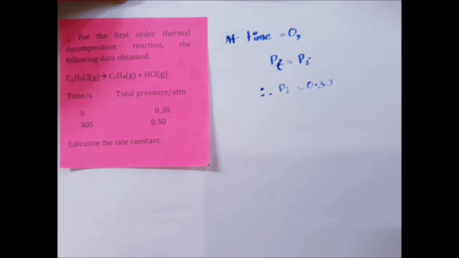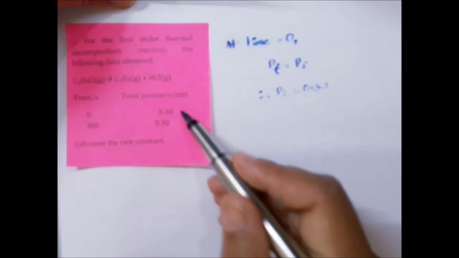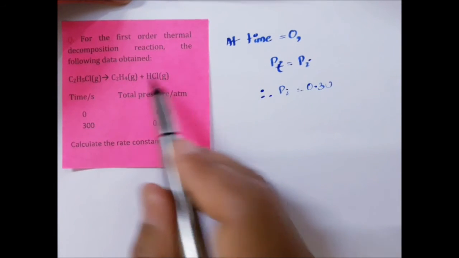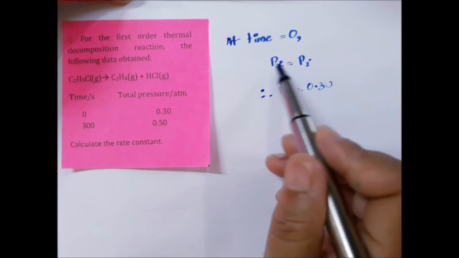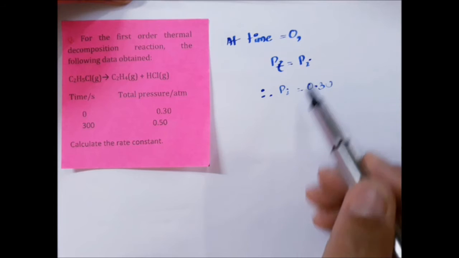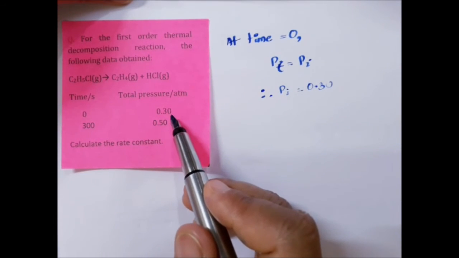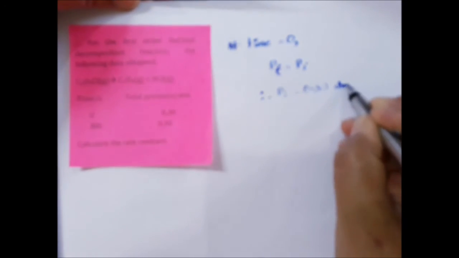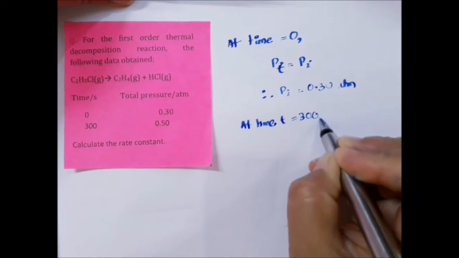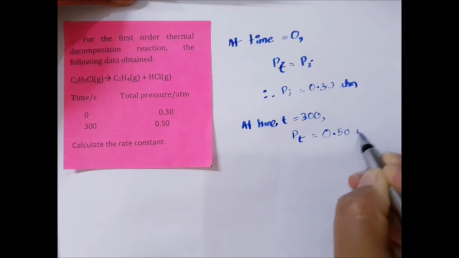At time 0, PT is equal to Pi, because at this time there is no formation of any product, so the total pressure will be the pressure of the reactant only, the initial pressure. So Pi is 0.30 atmosphere, and at time t equal to 300, PT is 0.50 atmosphere.